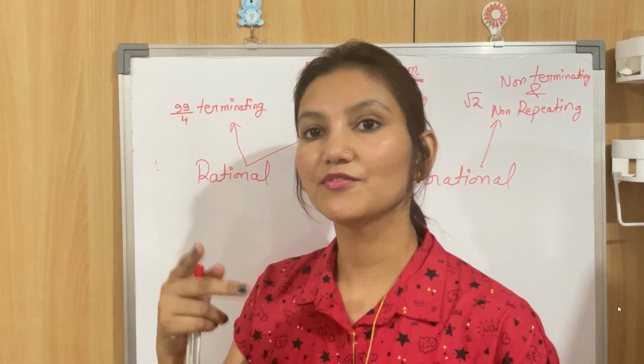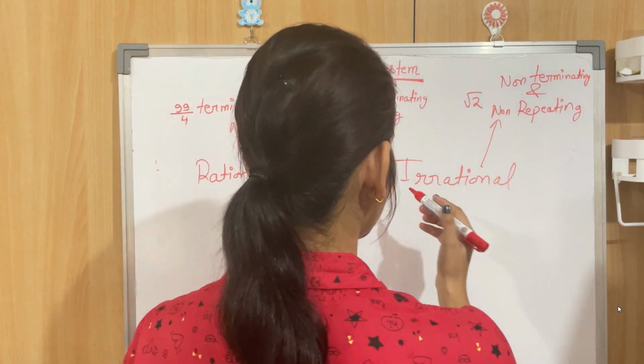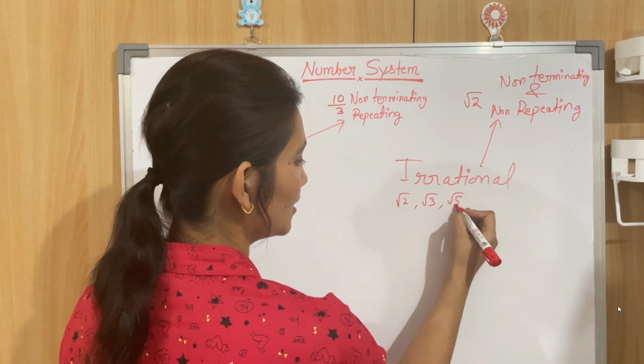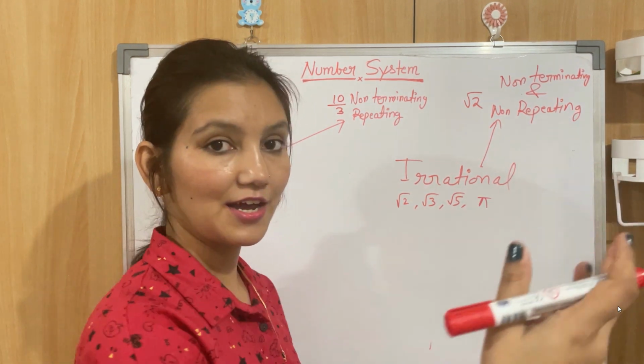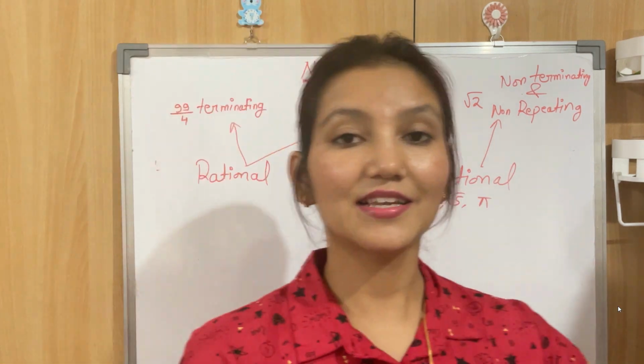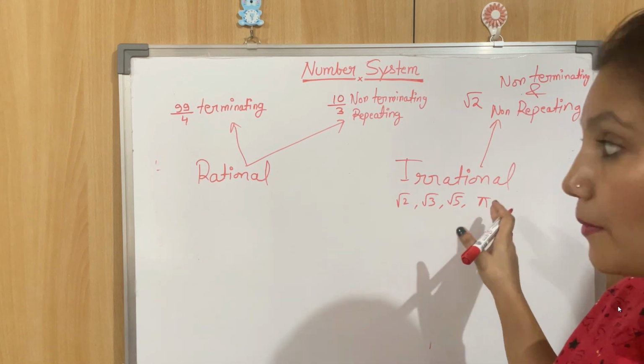In the previous video, I gave you some examples of irrational numbers. I told you that root 2, root 3, root 5, pi, root 7 are irrational numbers, right? So pi is an irrational number, right?